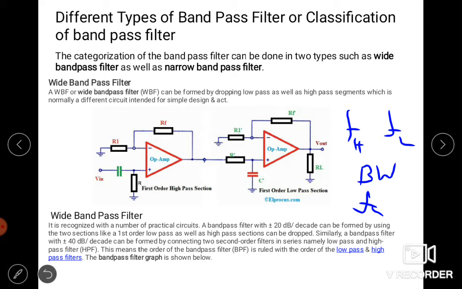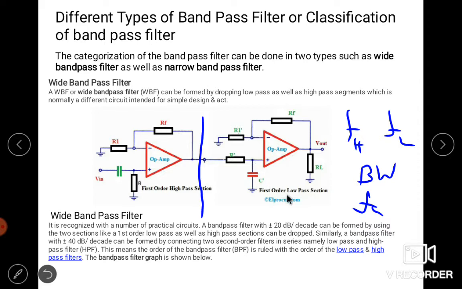Now let's realize one circuit, the wideband circuit. Here I have shown the two types of circuit.